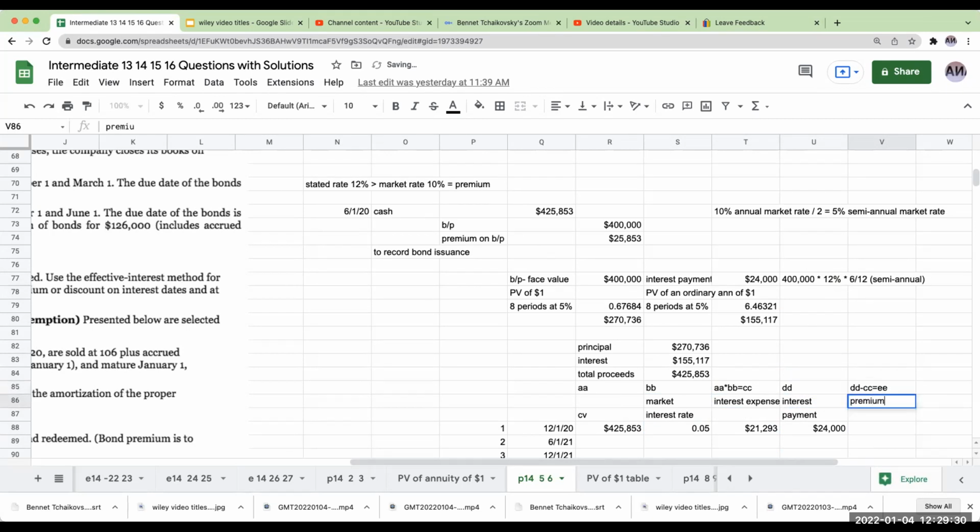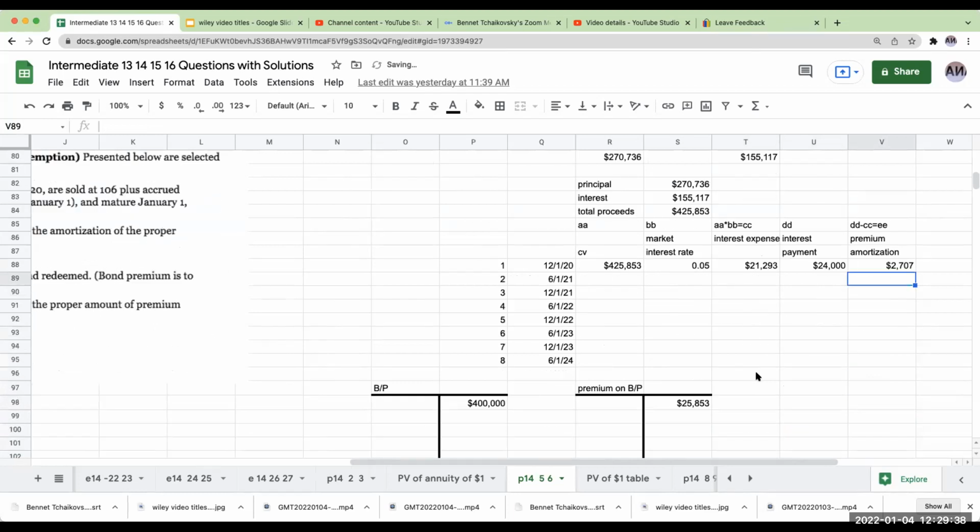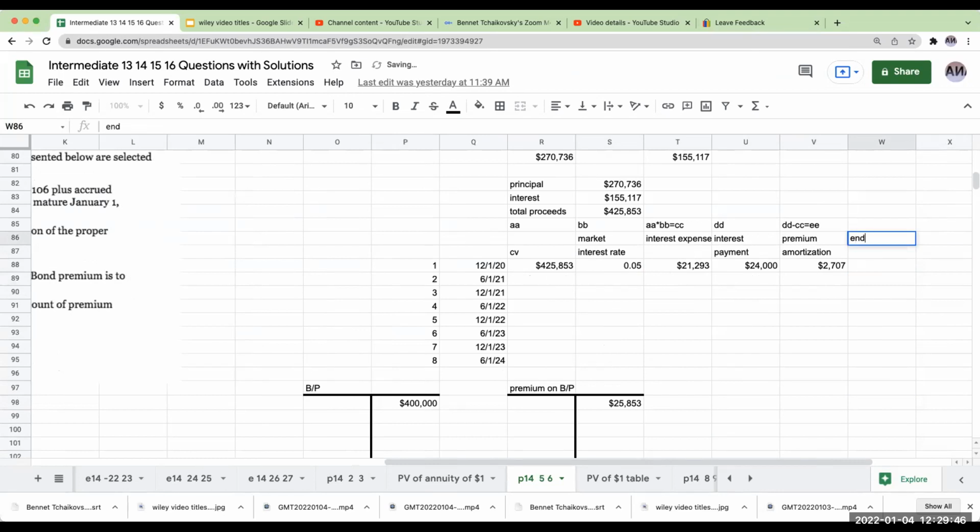So my premium amortization is going to be 2707. Remember, when I'm doing the premium amortization, I need to reduce the carrying value down to 400,000. So my ending carrying value is I'm going to take my beginning carrying value, subtract the premium amortization, and I'm going to get 423,146.